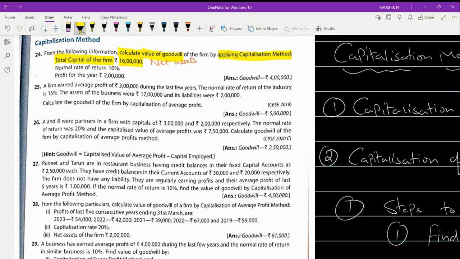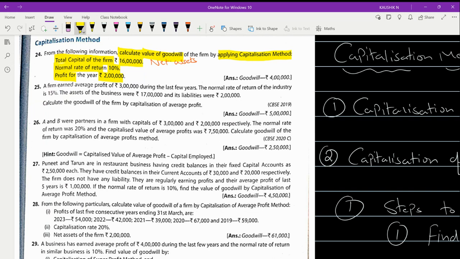Followed by that, they have given something called normal rate of return, as 10 percent. So that is your NRR. Now they have given you profit for the year.